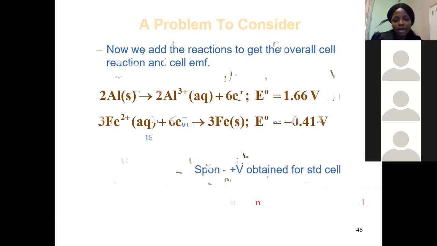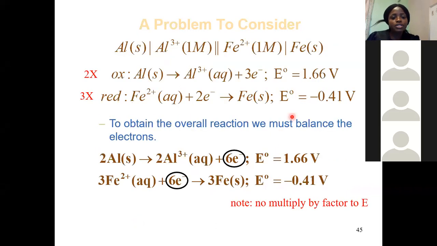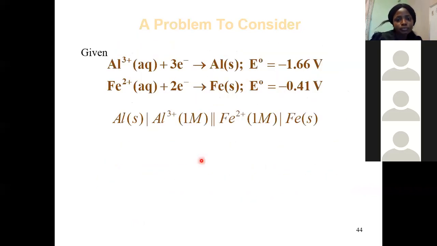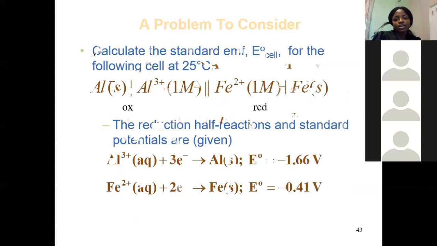And remember here, from this point, because this equation was reversed, it was originally written as oxidant plus number of electrons to give the reductant. But now this has been rearranged. At the point where this was rearranged, the value changed. Let me take you back there. This was the equation that was given.